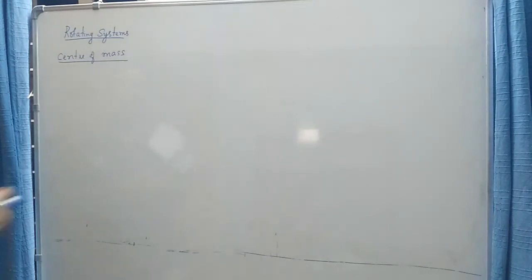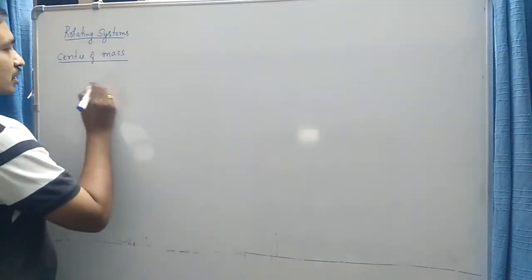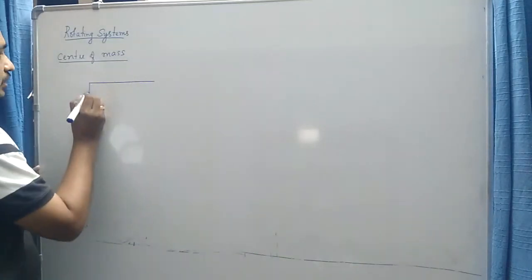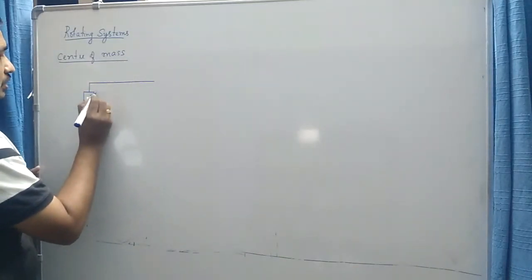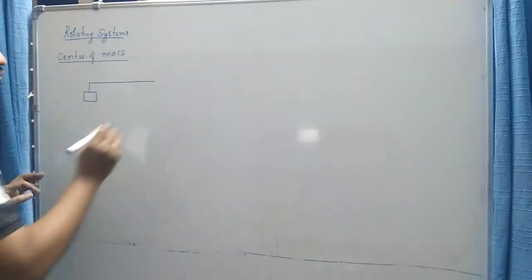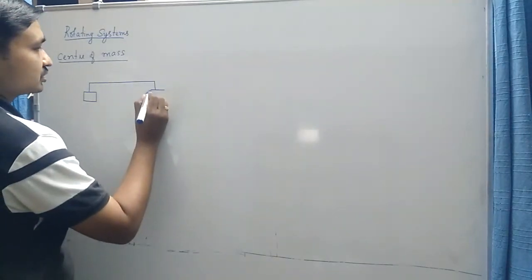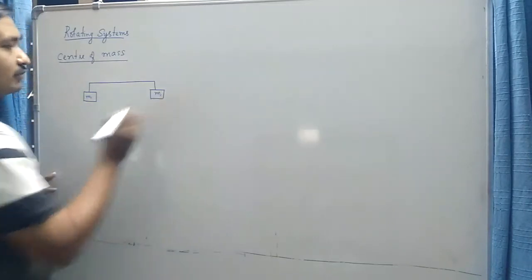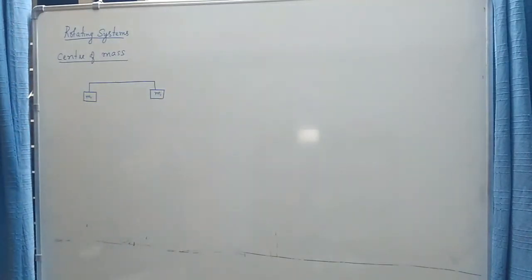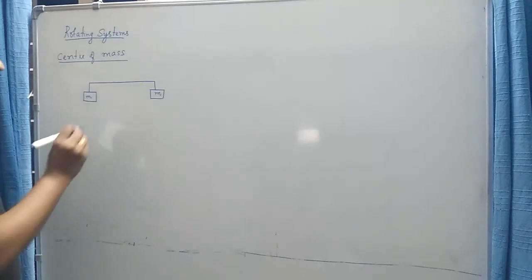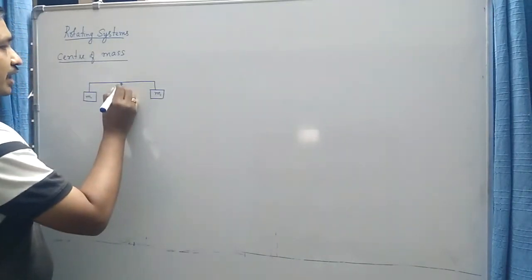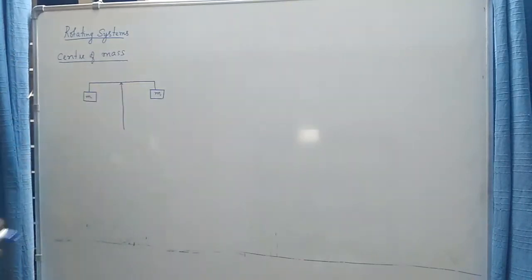Okay, so let me take a simple example. I have a horizontal metal rod, and I will tie two weight blocks of equal masses, m1 kg, on both ends of the metal bar. By using a vertical bar, I will try to keep this metal bar in the horizontal position.